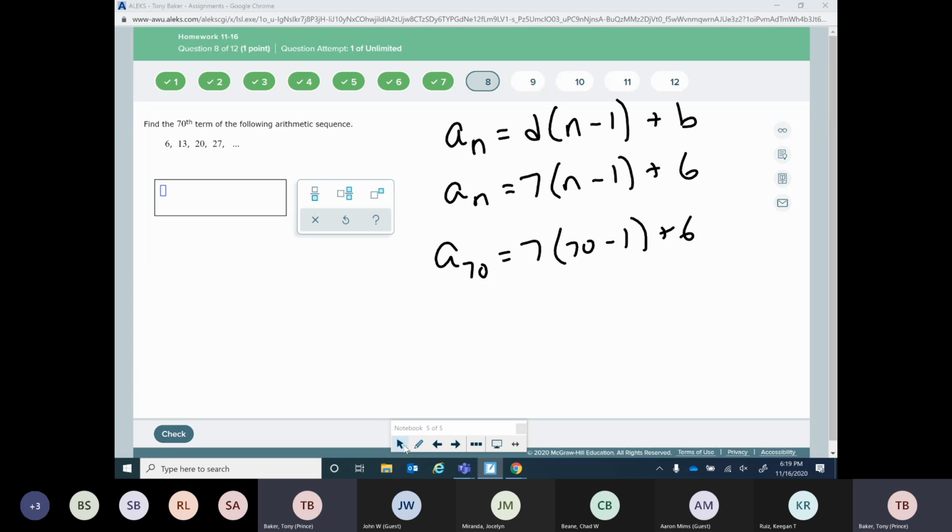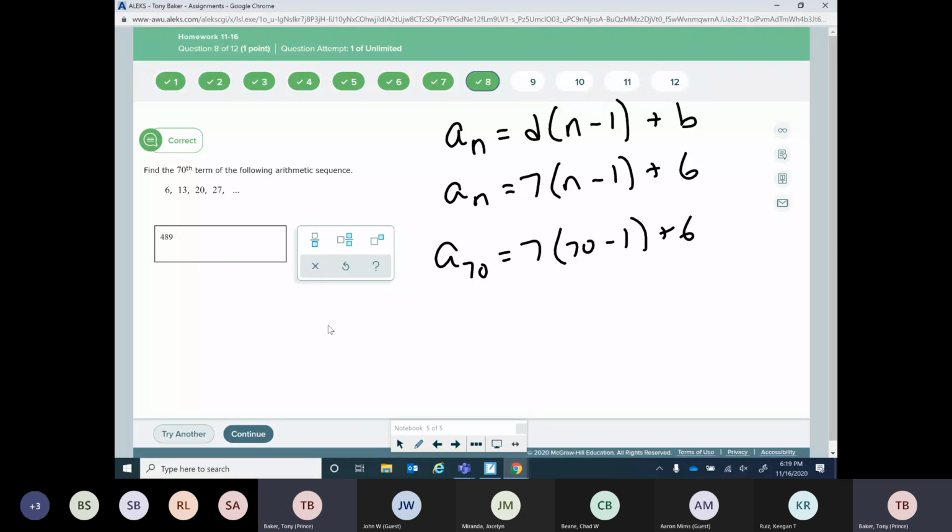So my 70th term is going to be 489. So really what you're looking for when you're doing these equations, and we're going to be doing this for a lot of the rest of the problems, is that value right there. That's your difference.